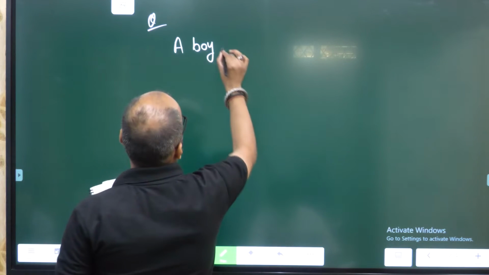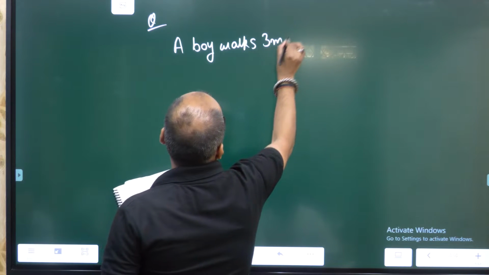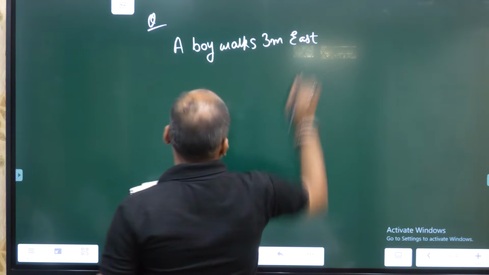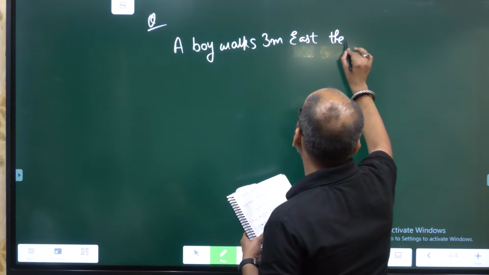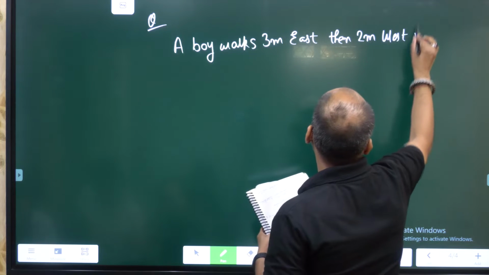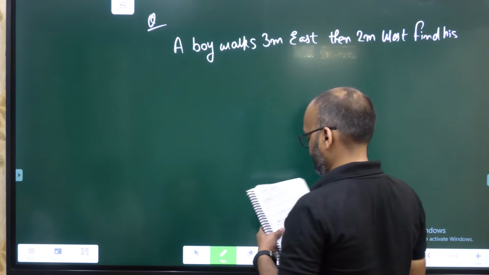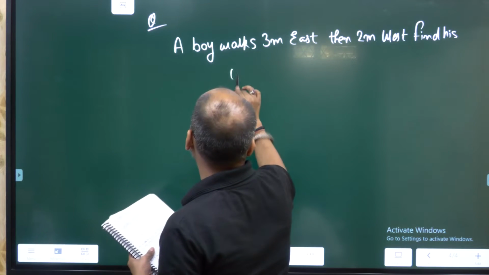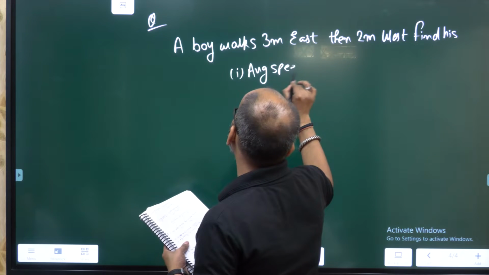A boy walks 3 meter east, then 2 meter west. Find his number 1 average speed, number 2 average velocity.